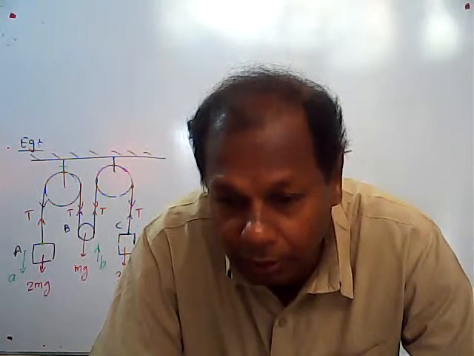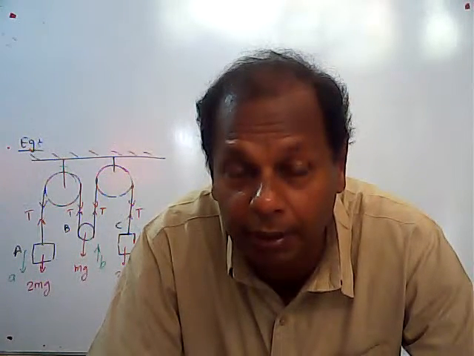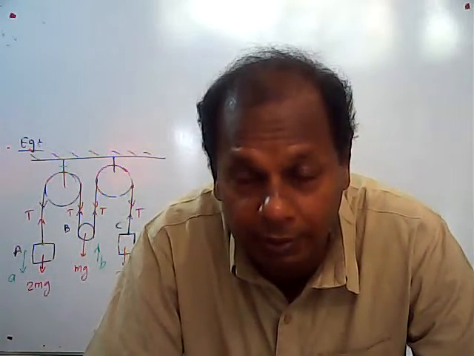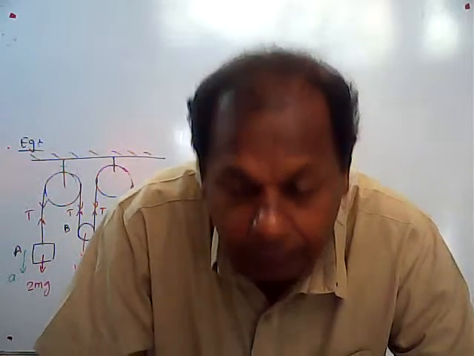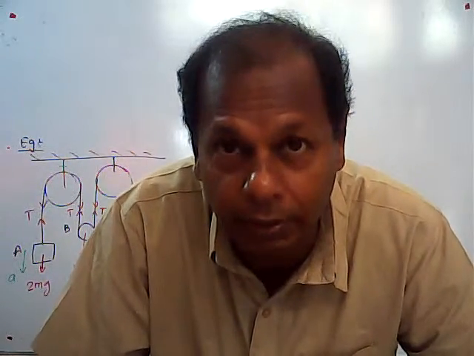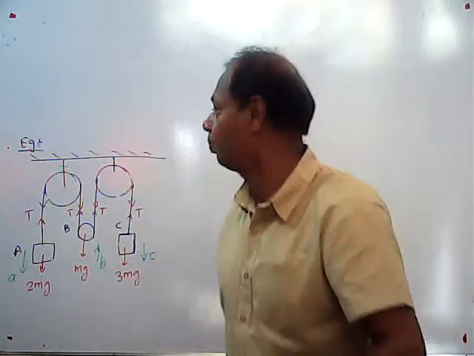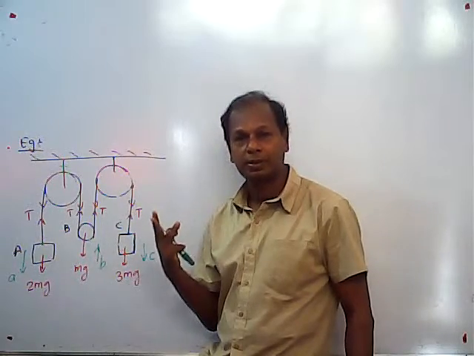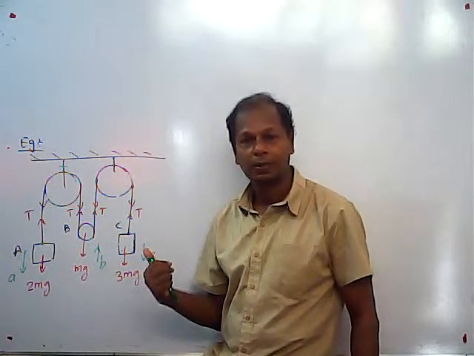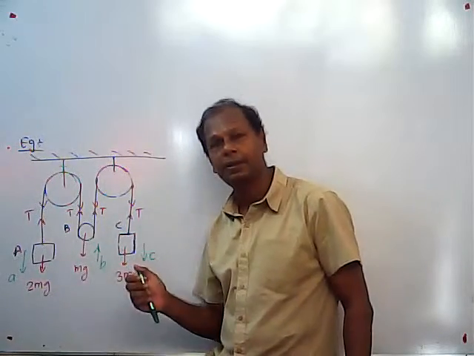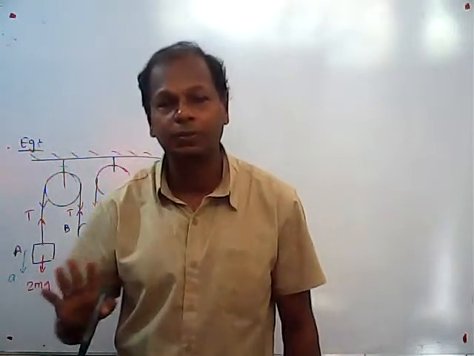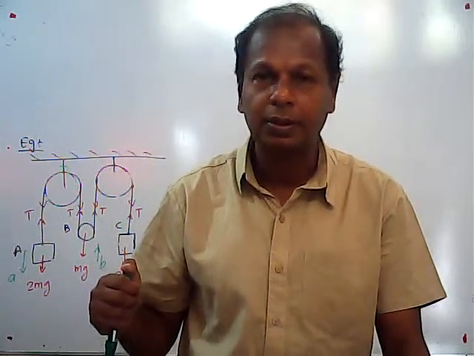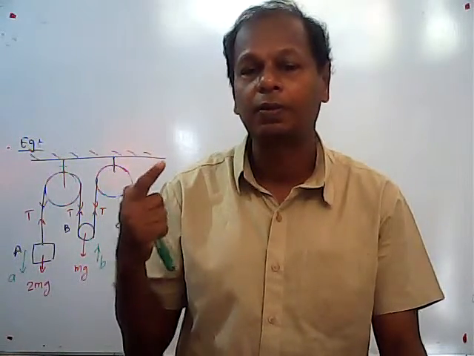By applying F equals ma, you can derive three equations, not two. You can apply F equals ma to this and this as well. You can get three equations, but there are four unknowns: A, B, C, and T. So we are short of one equation.